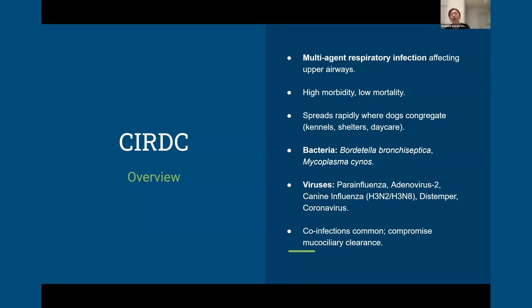And the bacteria that are often involved are Bordetella as well as Mycoplasma. And the viruses that are often involved are parainfluenza, adenovirus 2, and sometimes canine influenza, but rarely, distemper and coronavirus. And co-infections are very common, because of the reduced mucociliary clearance.